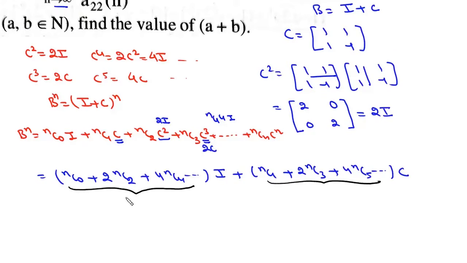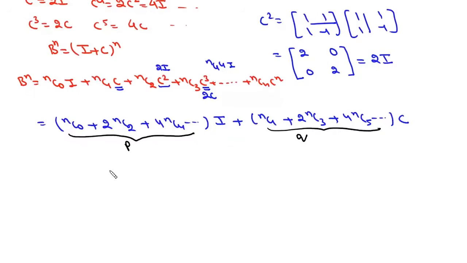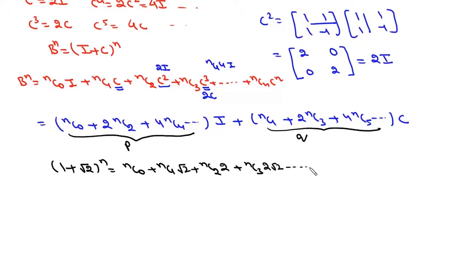Now say this is P and this is Q. Now we consider the expansion of (1 plus root 2) to the power n, it will be nC0 plus nC1 into root 2, nC2 into root 2 square, nC3 into 2 root 2.